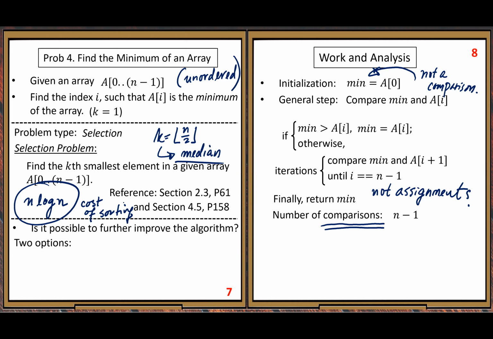So when we answer this question, is it possible to further improve the algorithm? Usually we have two options. The first option, improve the algorithm. If cost is not the issue, we always try to improve the algorithm the best we can. But it's impossible to improve the algorithm forever, right?